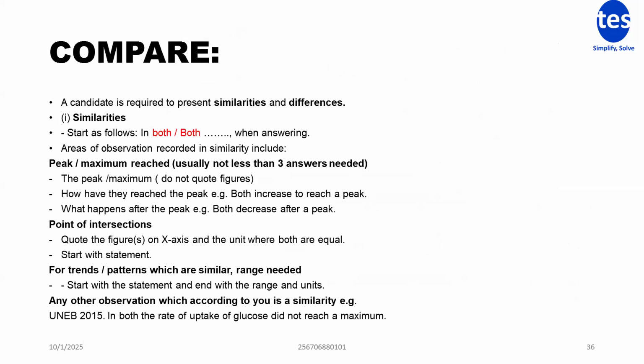If they ask you to compare, you should give similarities and differences. Now, for similarities, they're always just free marks. I always tell people, I call them BPA. Always, we should note the peak. The peak has 3 marks, whether in similarities or in differences. That's why in a compare question, you should put as many answers as possible.